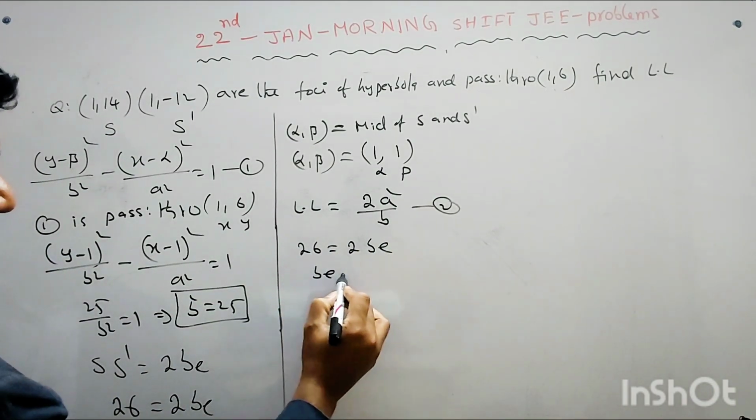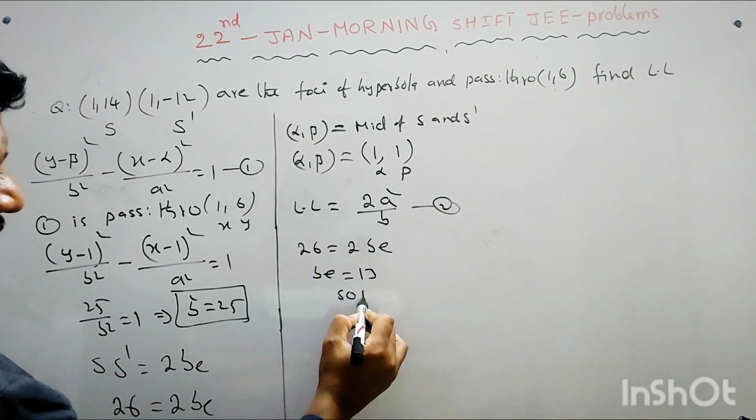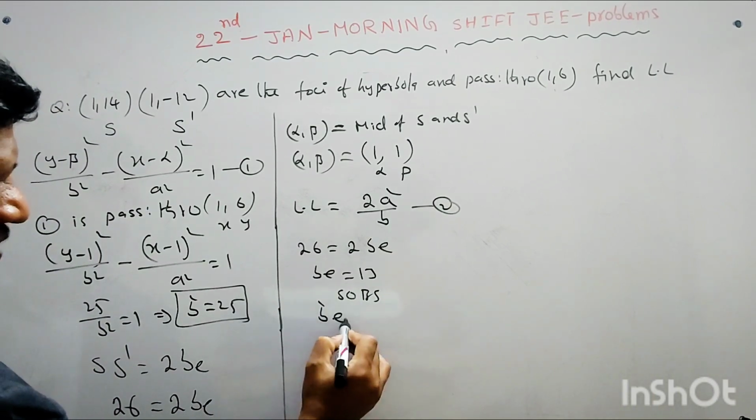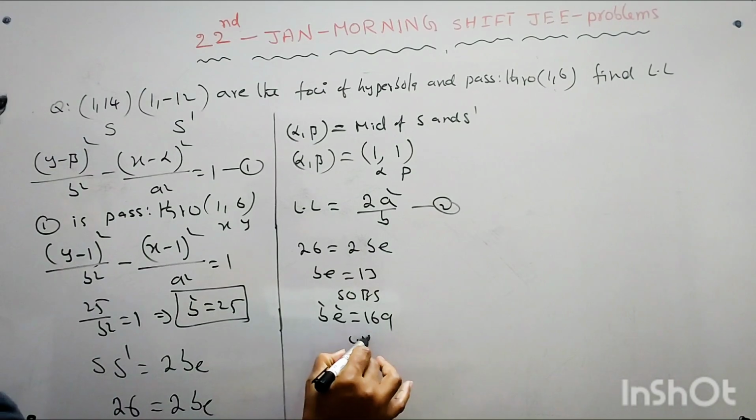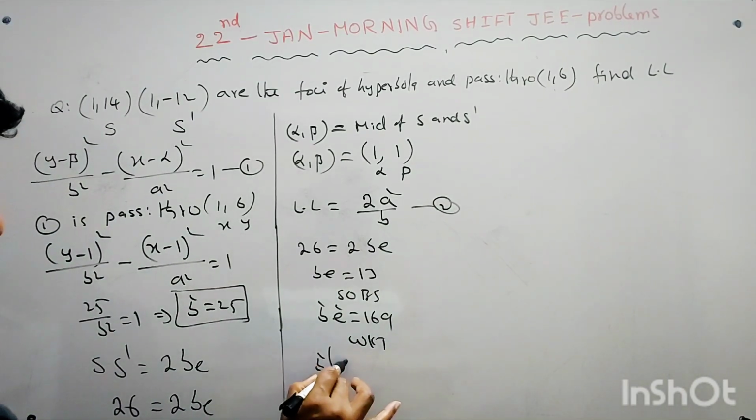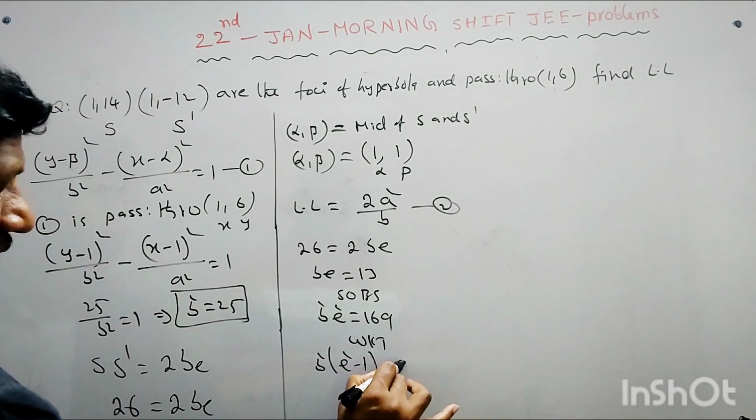Then the value of be is 13. If you do squaring on both sides, then you will get b square e square is equal to 169. After that, we know one condition: b square into (e square minus 1) is equal to a square.